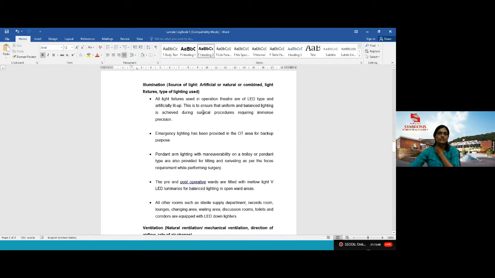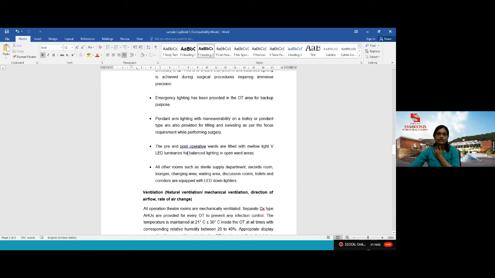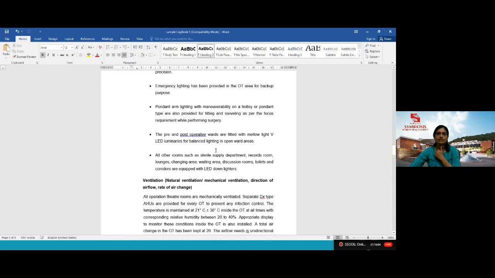Illumination: all lights in the operation theatre are of LED type and artificially lit, of course. Emergency lighting has been provided in the OT area for backup purposes. Pendant arm lighting with maneuverability, on a trolley or pendant type, is also provided for tilting and swiveling as per the focus requirement while performing surgeries.